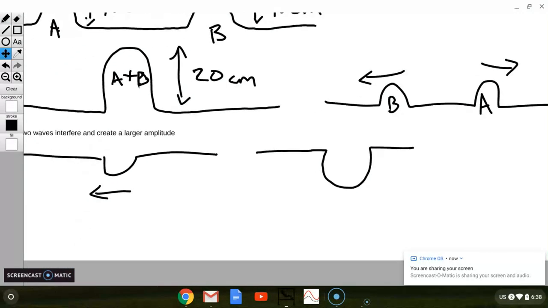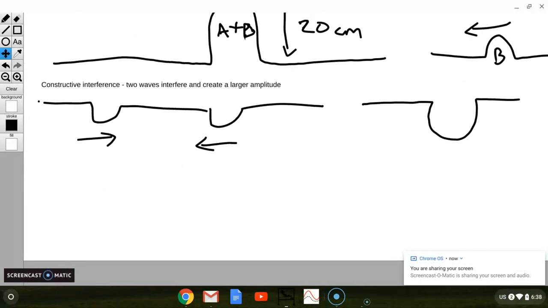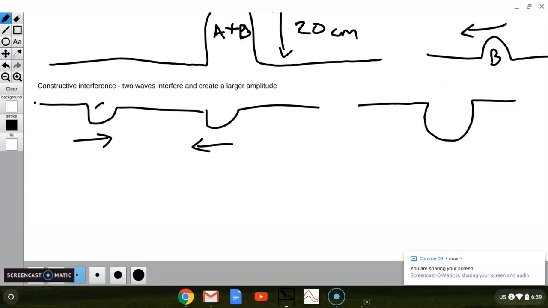So if we're looking down here at the bottom, if this is C and this is D, this would be C plus D. Predict real quick, again, hit pause and predict what these wave pulses would look like after they interfere with each other. Go ahead and hit pause now. All right, so after they interfere with each other, you would expect to see this.